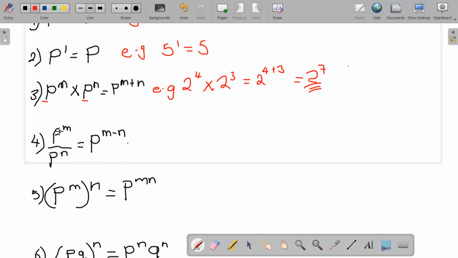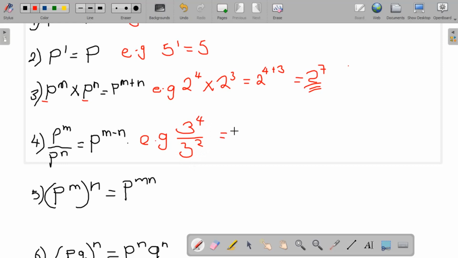Okay, rule number 4: we are dividing numbers with the same base. What do we do to the powers? You subtract the powers. So for example, we have 3 to the power 4 divided by 3 to the power 2. These are the same bases, so what do you do to the powers?